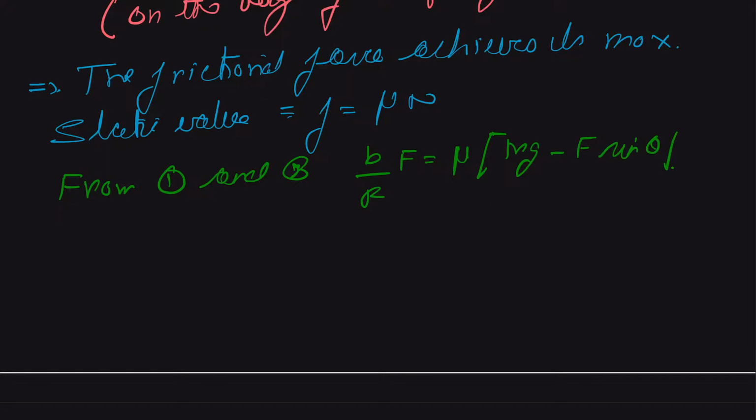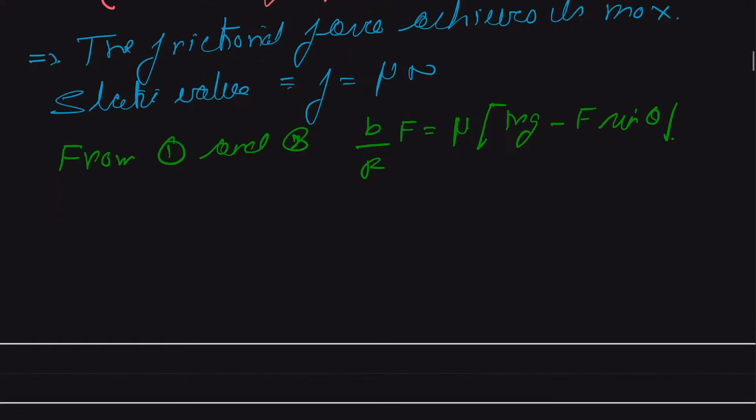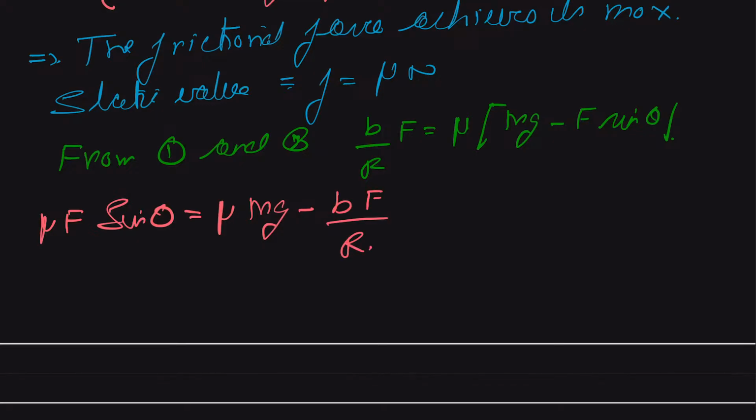And we have to solve it for theta. So we can say that mu F sine of theta will be equal to mu mg minus Bf upon R.